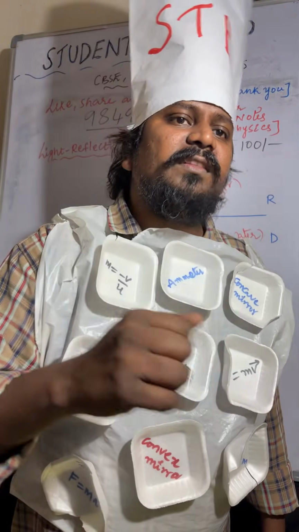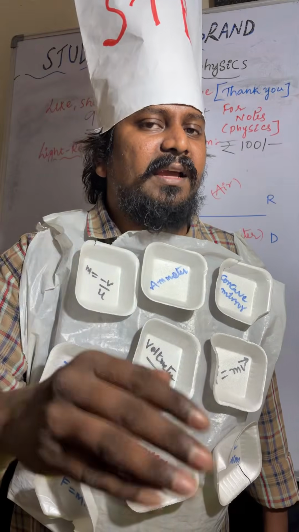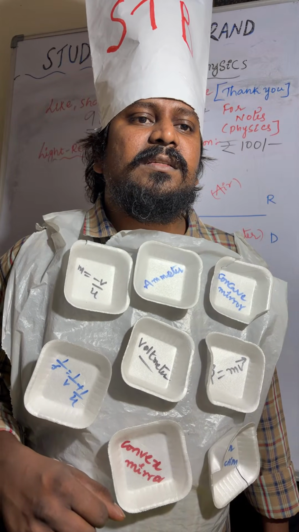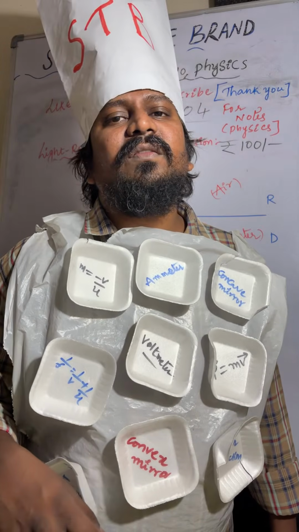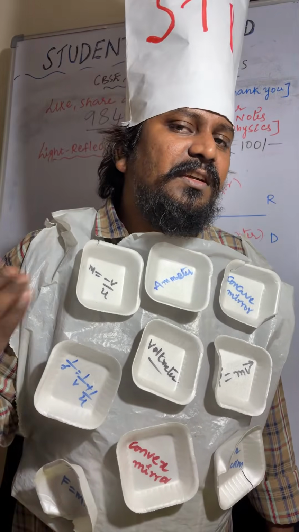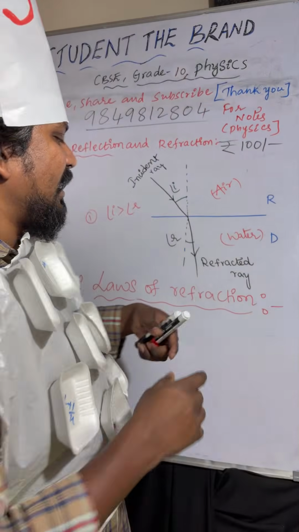The second point is the sine of the angle of incidence. The ratio of the sine of the angle of incidence to the sine of the angle of refraction is equal to a constant.